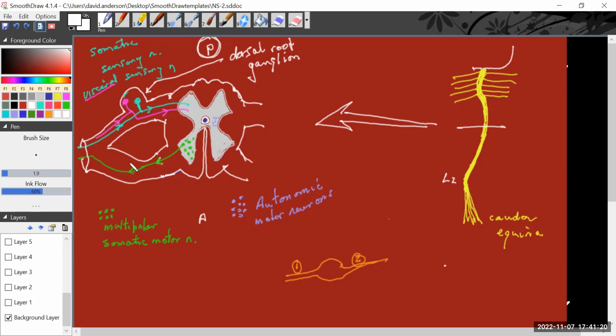Awesome, thank you. Ventral root is motor, dorsal root is sensory.